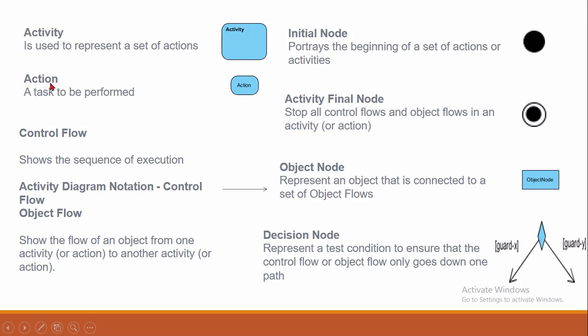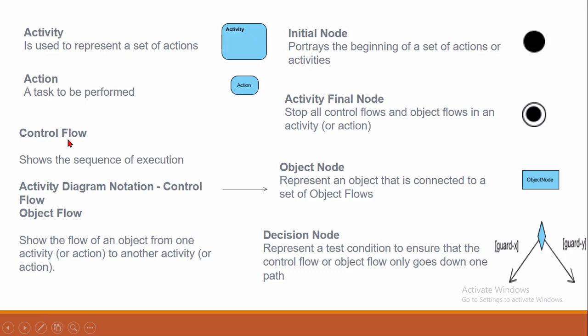Then we have an action. What task is to be performed, what function is to be performed, we draw using a curved rectangle. Action is a single task, and activity is a set of tasks.